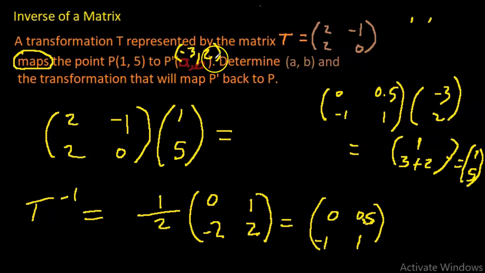Now, we were asked to find a matrix that will map back P prime, (-3, 2), to (1, 5). So whatever matrix brought (1, 5) to (-3, 2), the inverse or the opposite of that matrix will do the opposite thing: map back (-3, 2) to (1, 5). And that's why we find the inverse of T, because whatever T does, T inverse will do the opposite of that.